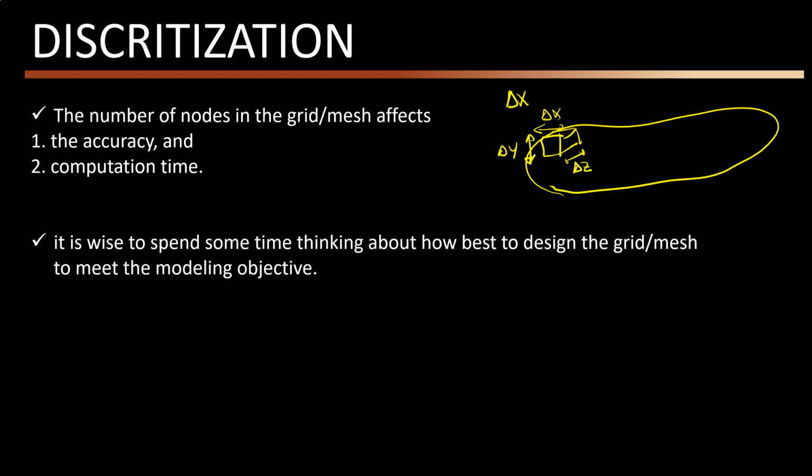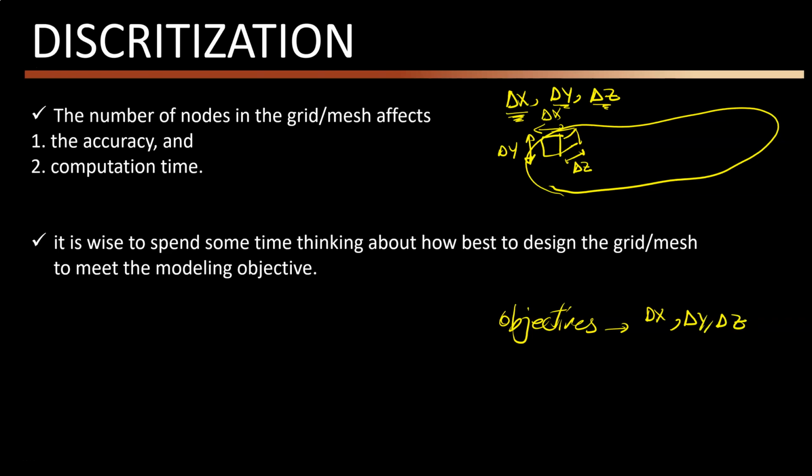Okay, so you as a modeler need to decide what your delta x, delta y, delta z values are. But how do you decide? Usually what we do is start by developing a very simple model, and we keep going, based on the objectives of our models. Okay, so we decide what delta x, delta y, delta z suit our model better.